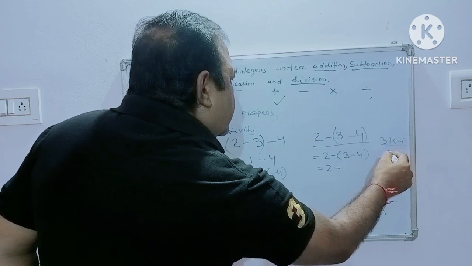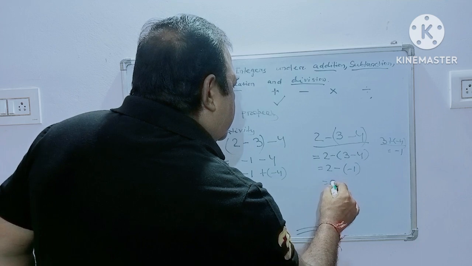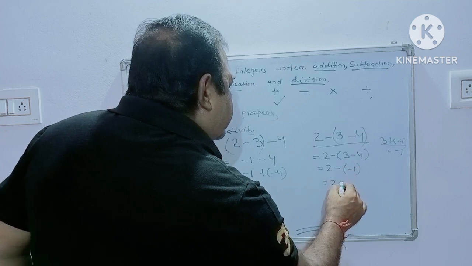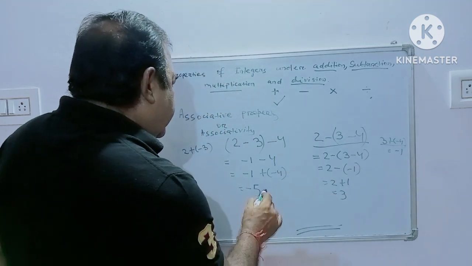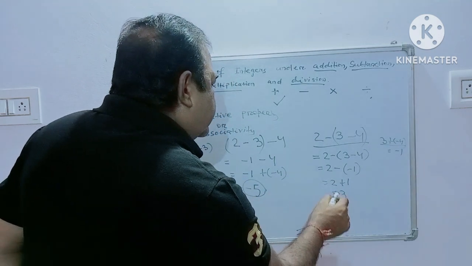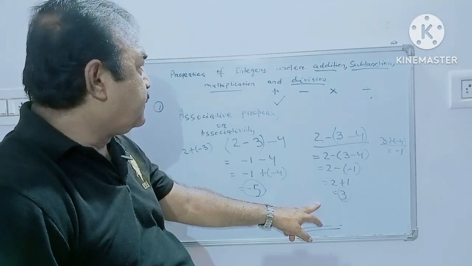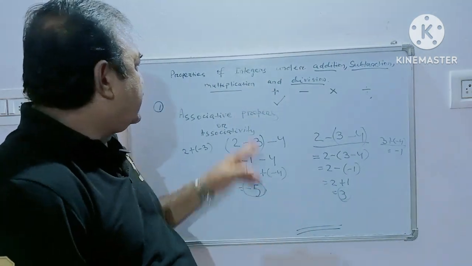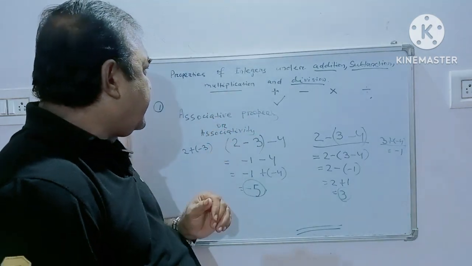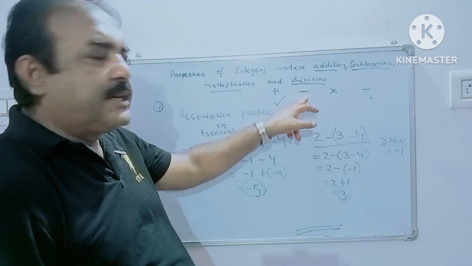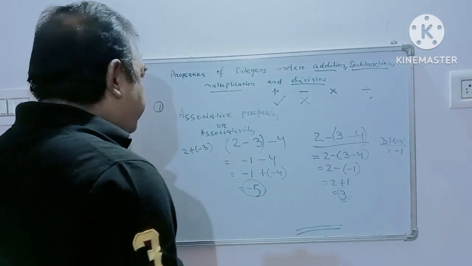That is minus 1. That is equal to 2 minus into minus, that is plus, 2 plus 1, that is equal to 3. So here it is minus 5 and here it is 3. So minus 5 is not equal to 3. So we knew the integers do not show the associative property under subtraction. So I give a cross mark here.